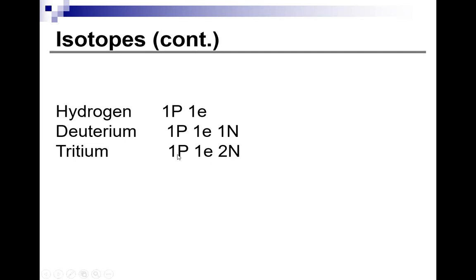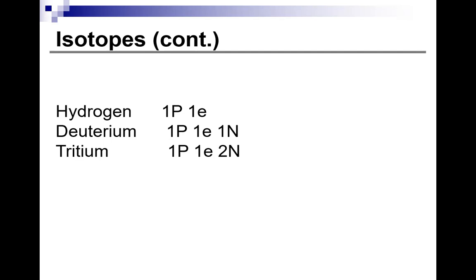Tritium has 1 proton and 1 electron, so it's still considered hydrogen because of the 1 proton. But when you look at the mass, your protons and neutrons are added together, so it has an atomic mass of 3, so it has more weight. They're all isotopes because they're all hydrogen, but the number of neutrons varies. You could do this with carbon or others; people often have heard of carbon-14 dating.